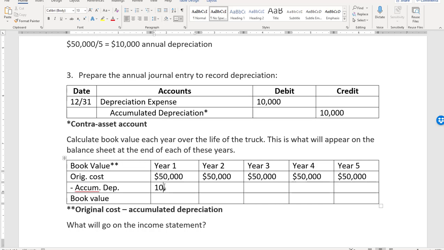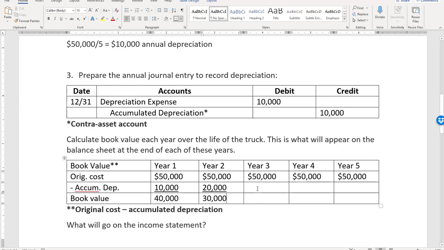So accumulated depreciation in our first year is $10,000, and that means our book value is $40,000, right? Accumulated depreciation $10,000, book value $40,000. Now every year, like I said, our accumulated depreciation goes up. So in the next year, we're going to add another $10,000, and our accumulated depreciation is going to be $20,000, and our book value is going to be $30,000.